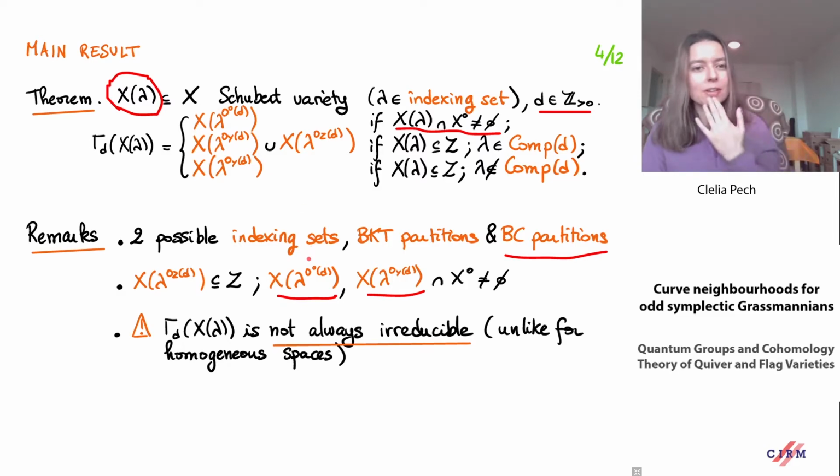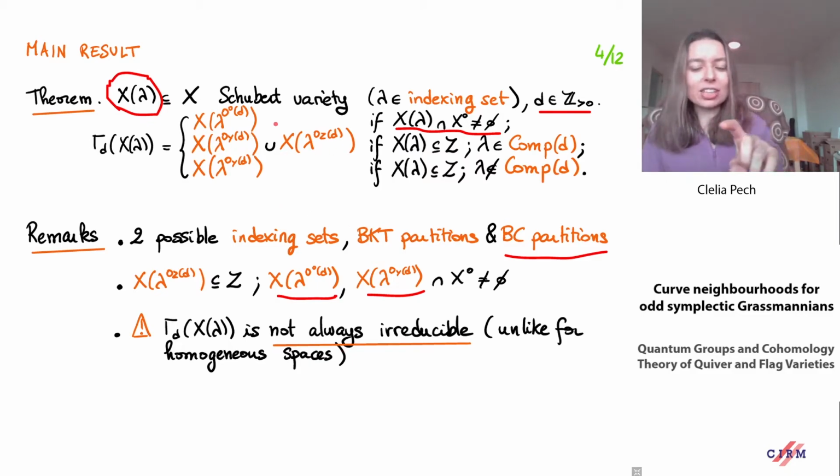Another question: in the case where there are 2 components, do they have the same dimension? No, I don't think so. Ryan said no. They don't have to be the same dimension.